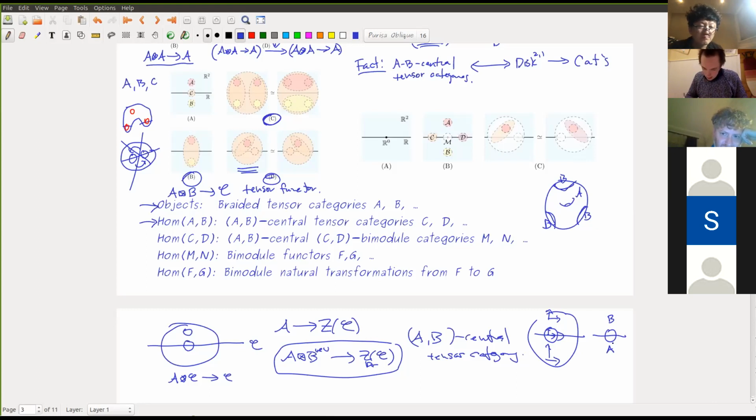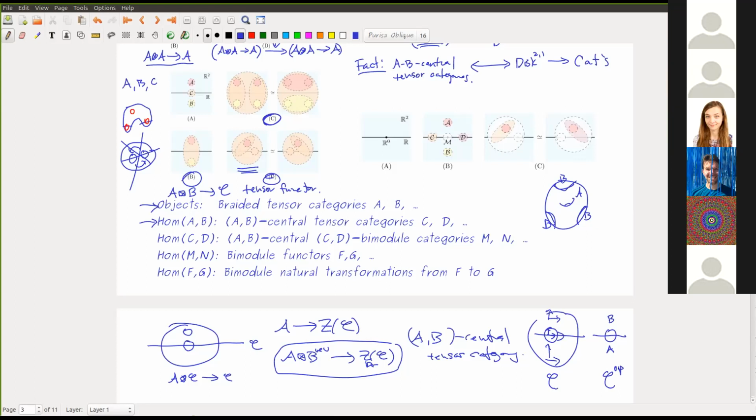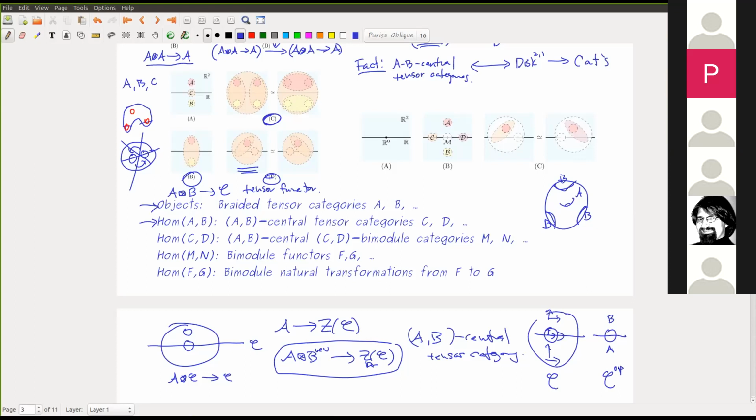So if this disk maps to C, then this disk maps to the opposite multiplication of C. And the opposite multiplication of C carries a braiding structure where A and B are swapped. So the point is that C determines C op. So the orientation that I stated determines the opposite orientation.